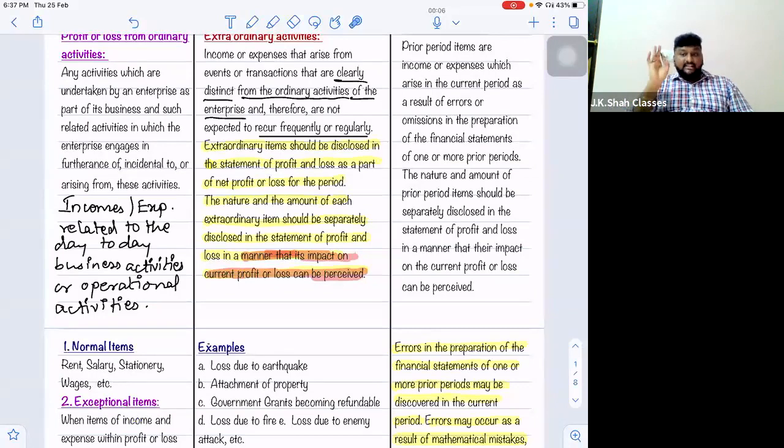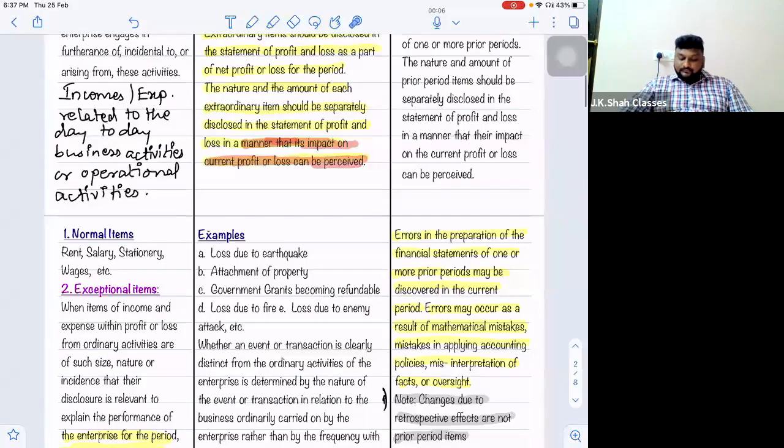They are presented in the same manner in the profit and loss account, and I'll show you the draft of the P&L also. Just hold for 2 minutes.